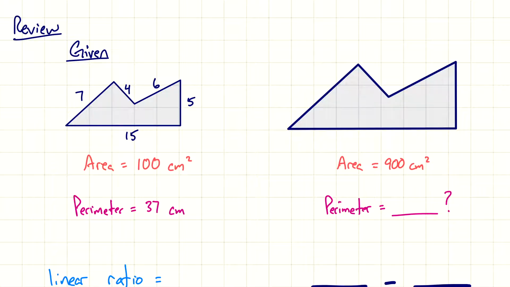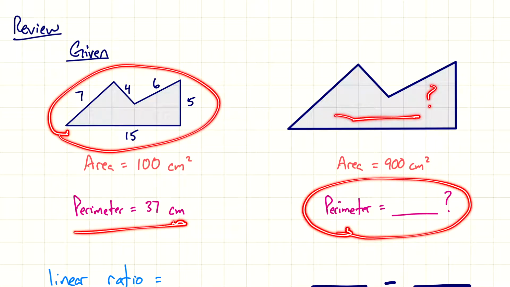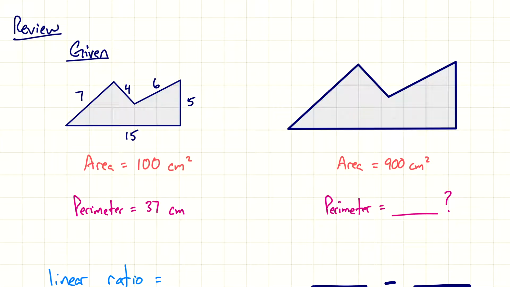And I know the perimeter. Because I know all the measurements, I could calculate the perimeter, which is 37 centimeters. The larger one, I don't know the perimeter because I don't know any of the side measurements. So you might say it's impossible for me to figure out what the perimeter is.